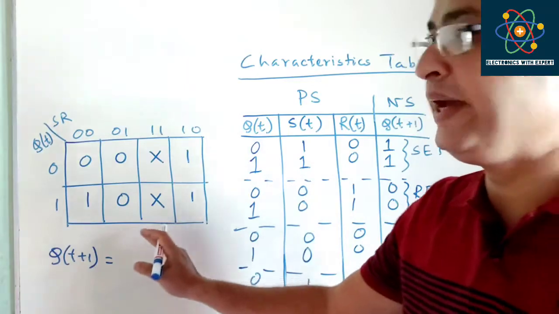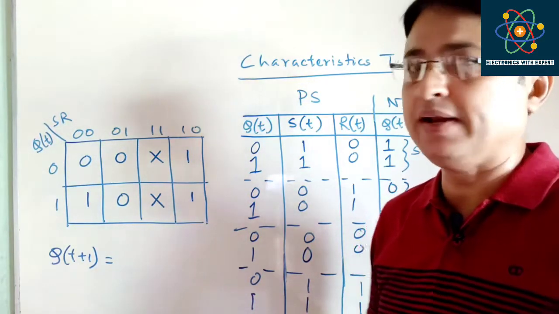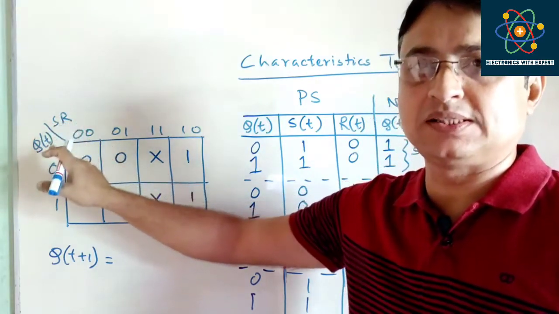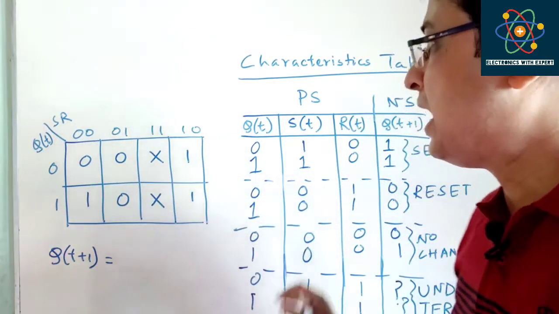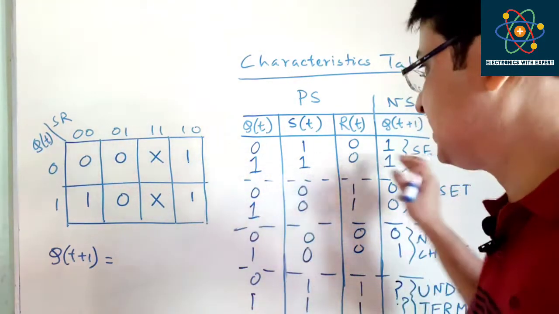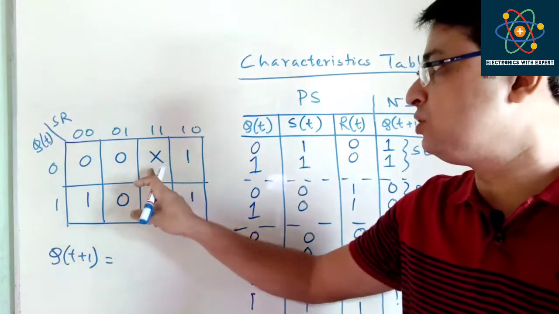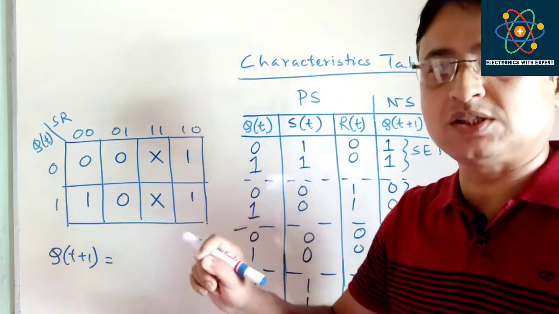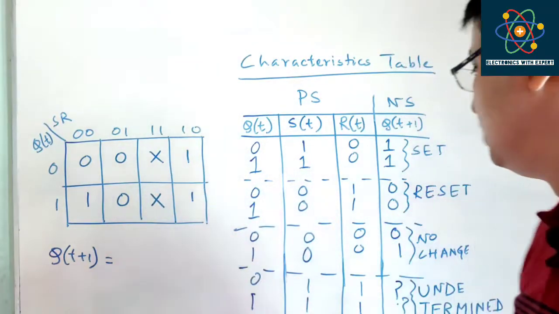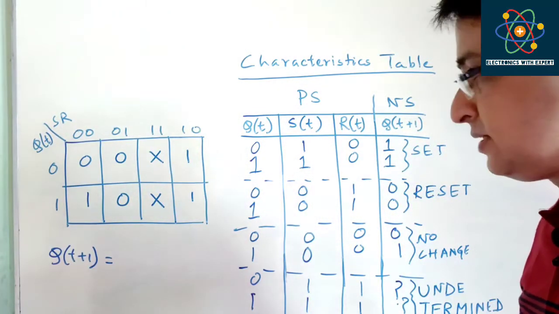I have drawn a Karnaugh map with 3 variables as Qt and S, R, or simply SR. I have plotted all the ones and zeros from this characteristic table. I have drawn 2 don't care terms, 2 cross marks, since these are equal to these undetermined states.